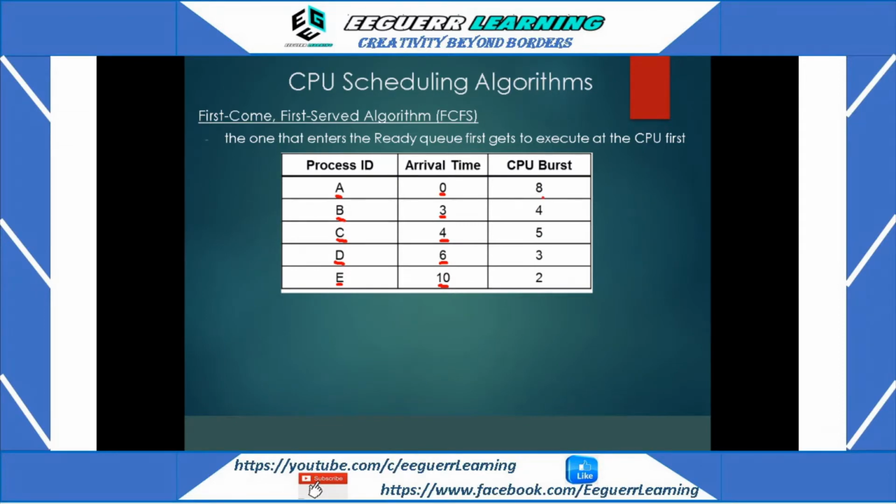And their CPU bursts: A is 8, B is 4, C is 5, D is 3, and E is 2.